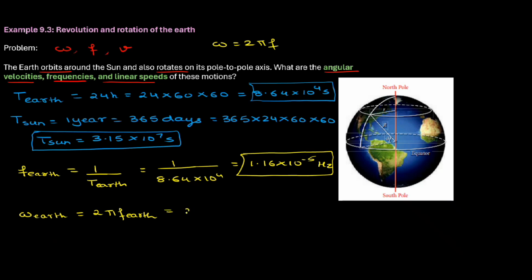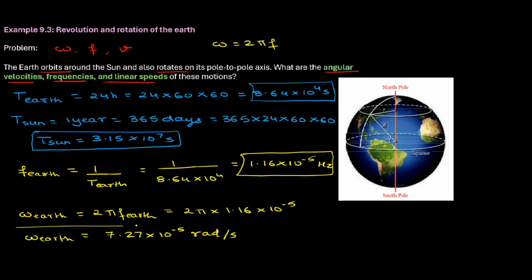So let's substitute 2 pi times 1.16 times 10 to the power negative 5. And when you solve, you get omega to be equal to 7.27 times 10 to the power negative 5 radian per second. So this is the angular velocity for rotation of the Earth.